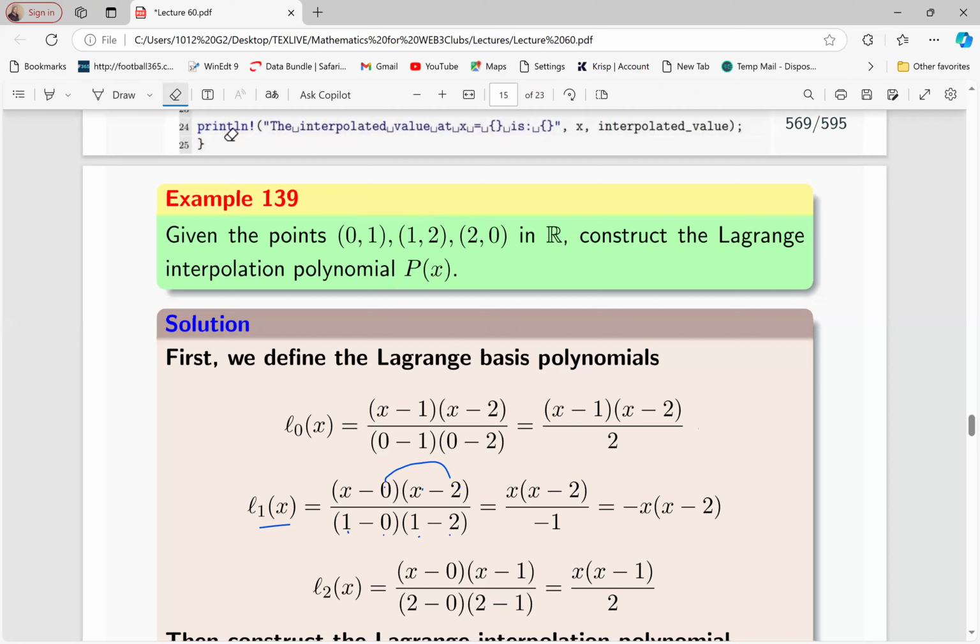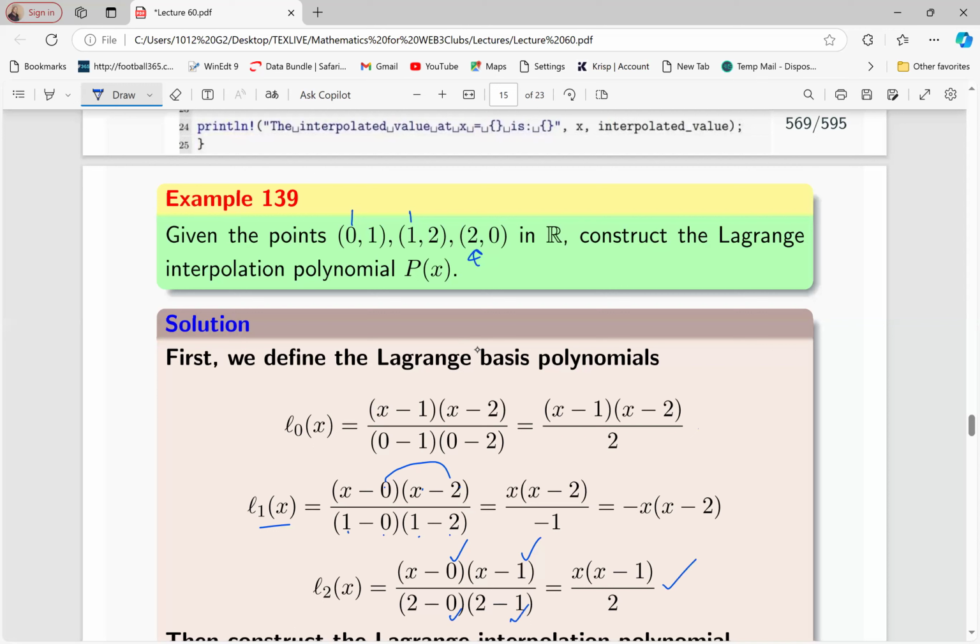Now considering the last point. This is the last point. Using this last point, take x minus this and x minus that, as you see. Then take the value of x of the last point, which is 2, and subtract 0 and subtract 1. You arrive at that.